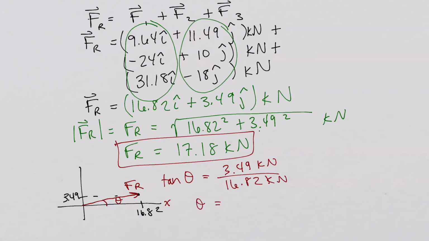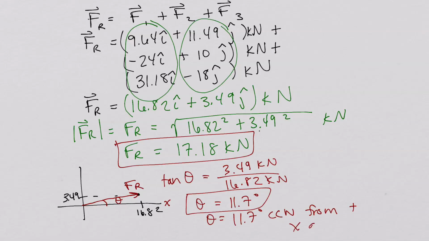So theta equals 11.7 degrees. So now we've got everything. Theta is 11.7 degrees counterclockwise from the positive x-axis. So there we go.